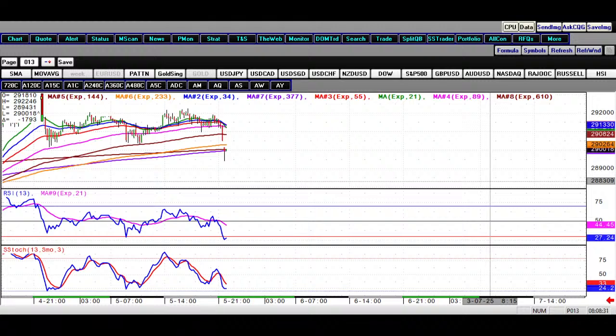Let me resolve this issue. Let me see whether I can change the screen.